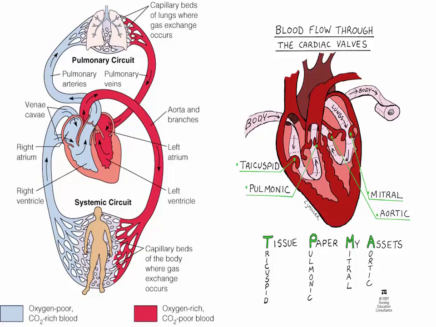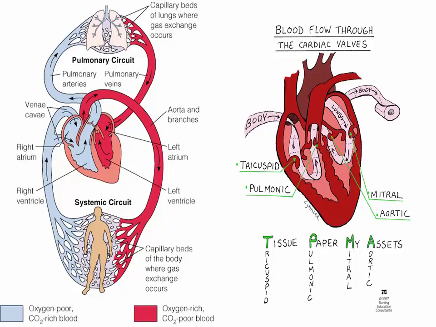And as it circulates through the heart, it goes through a series of valves, and there's always a designated path that the blood flows through. When it comes into the right side of the heart from the body, it flows into the right atrium and is held in the right atrium by the tricuspid valve being closed.